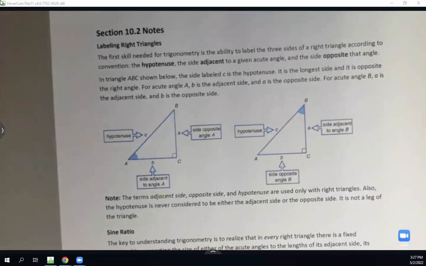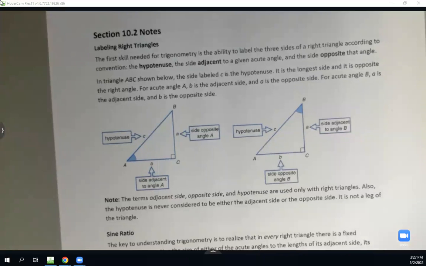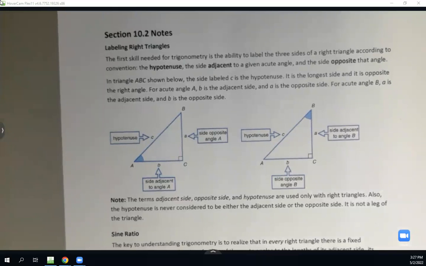You may have heard them before: sine, cosine, tangent. We'll be applying those ratios to figure out things about right triangles. That will finish us for the semester.